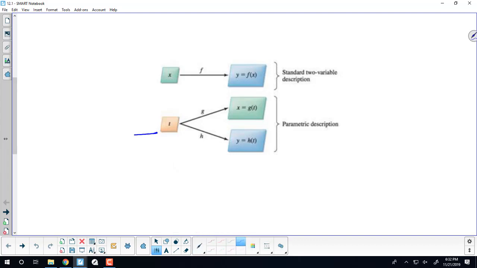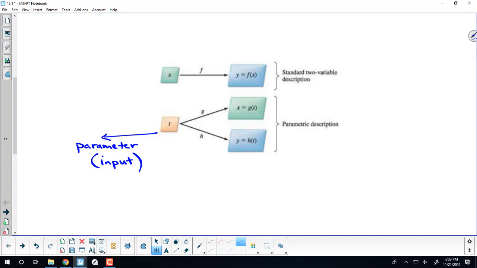So that's our parameter, or also the input. So we have our input as our parameter t, and then our output, we really get two things. We get an x coordinate and a y coordinate. So that's our parametric description of functions.